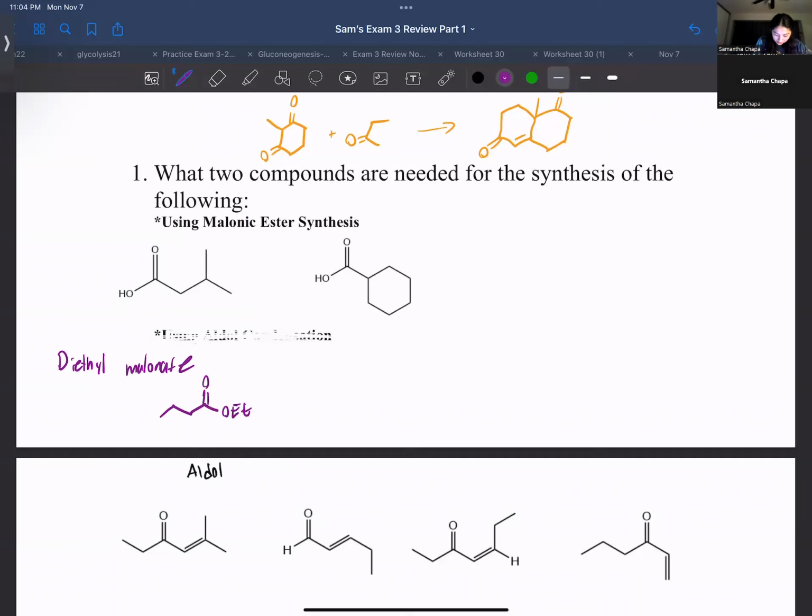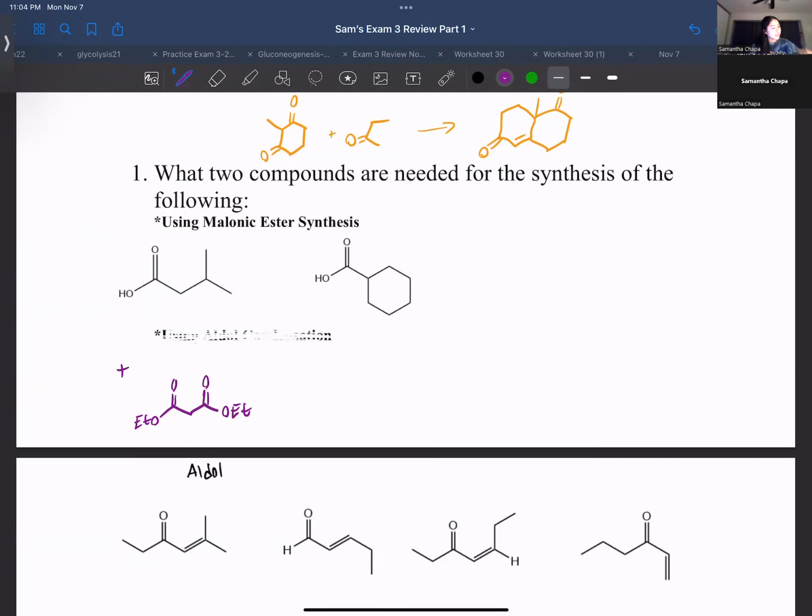So that's one thing you can have down already for every one of these reactions. When you're doing malonic ester synthesis and I'm asking you what two compounds are needed for the synthesis of the following, the first thing you can list out is diethyl malonate. This should automatically be one of my first answers for this synthesis, and something else.